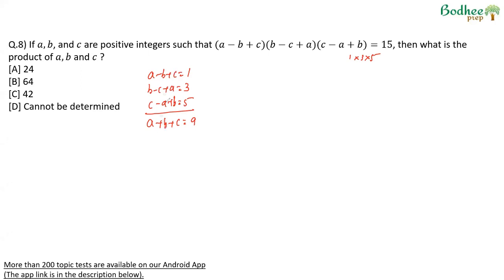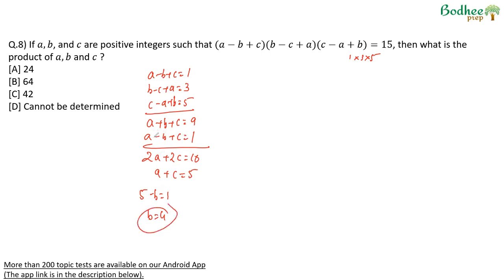Now we try to solve from here. To A plus B plus C, I add A minus B plus C is equal to 1. Adding these two, we get twice of A plus twice of C is equal to 10, which means dividing by 2, A plus C is equal to 5. If A plus C is 5 in this case, 5 minus B is equal to 1, which will give us B as 4.